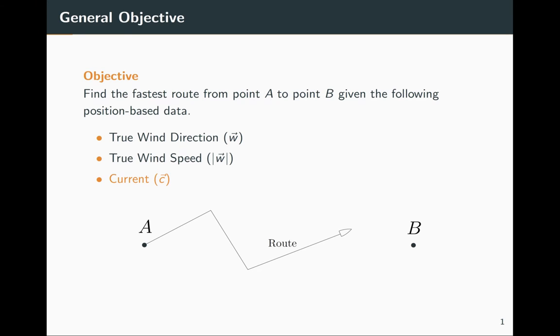And so all of this data, now this is a perfect world situation, we're assuming that we know all of this data at essentially every single point in a rectangular grid between point A and point B. And so we're assuming that we know the wind direction right here, for example, or we know the current over here.